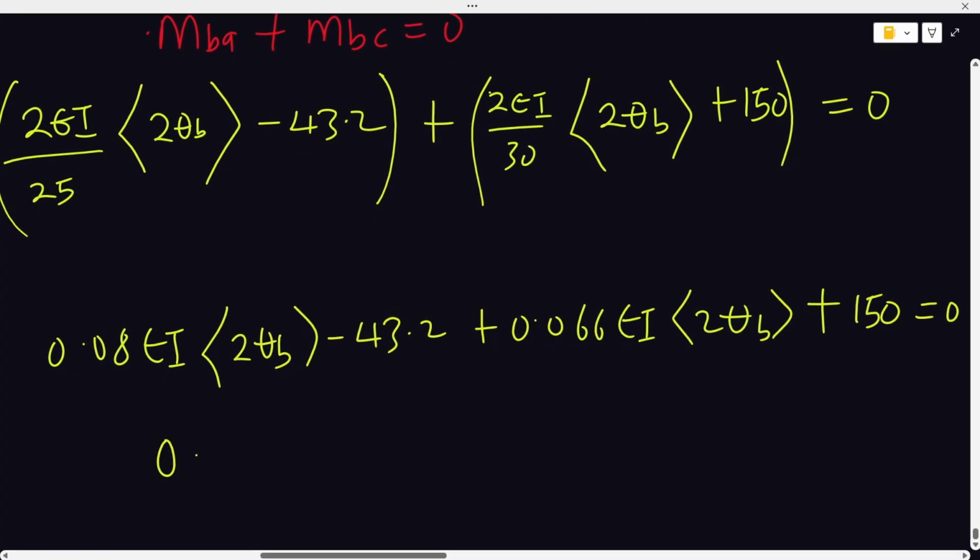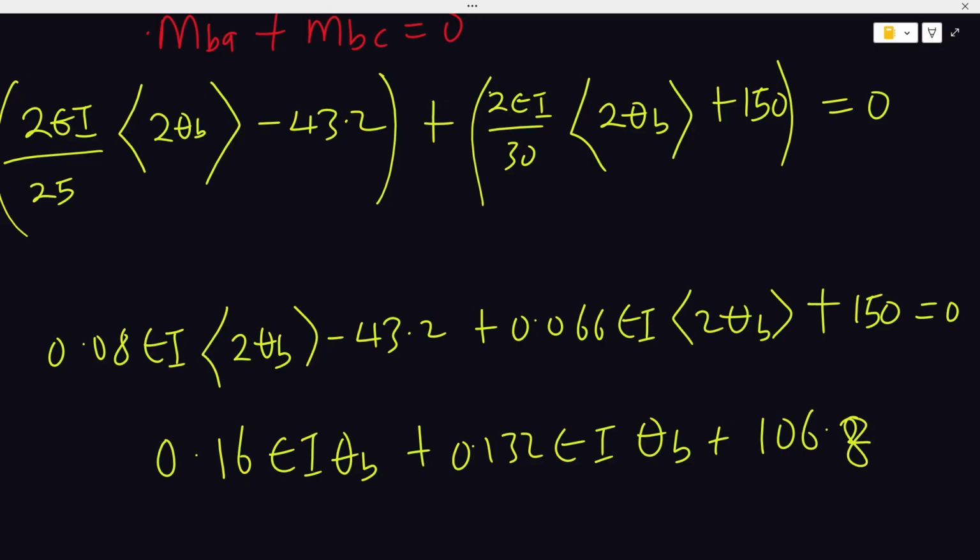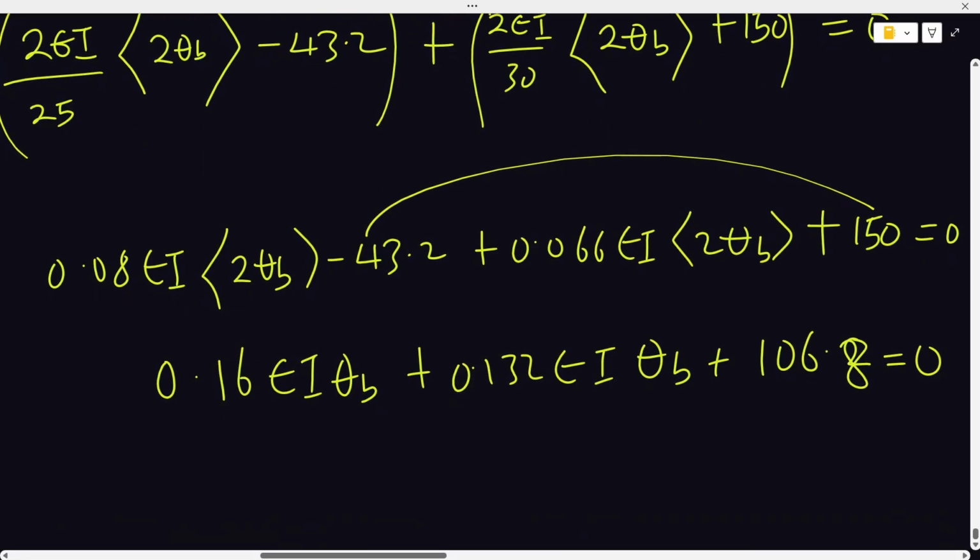So I can say that 0.16 EI theta B plus 0.132 EI theta B plus 106.8, sorry, when you sum these two, you get this, it's just basic maths.